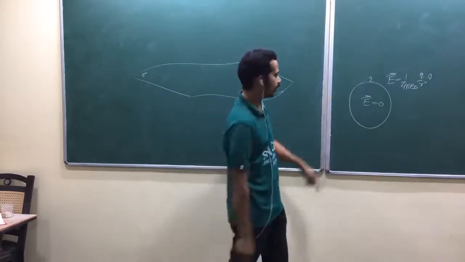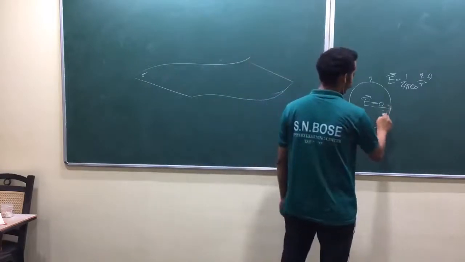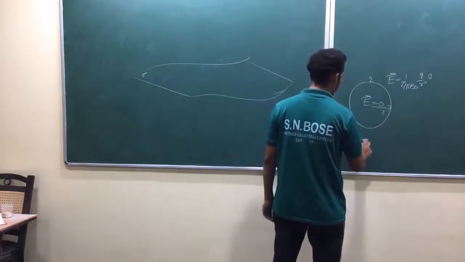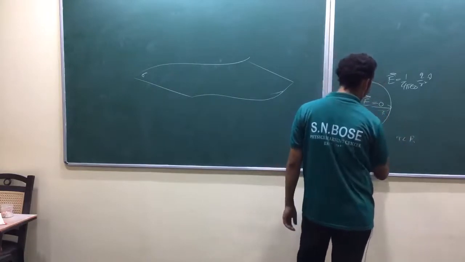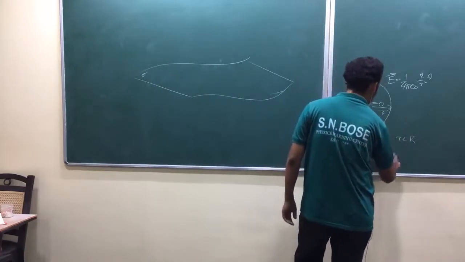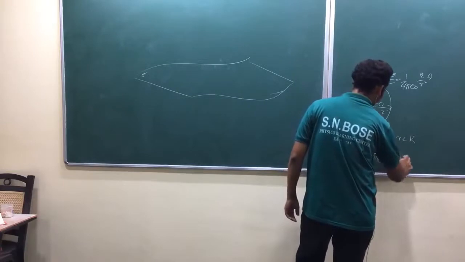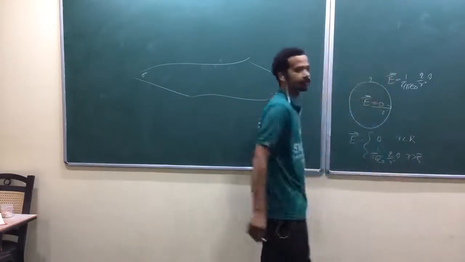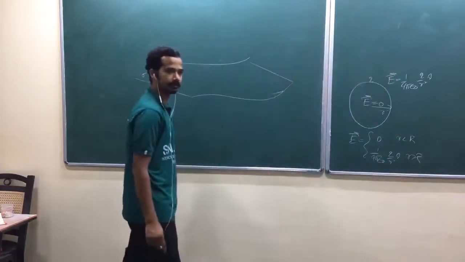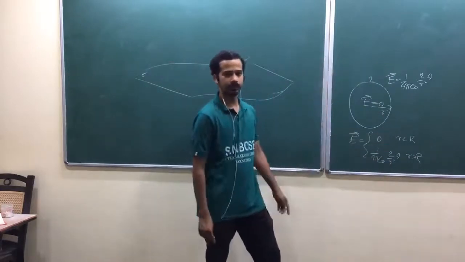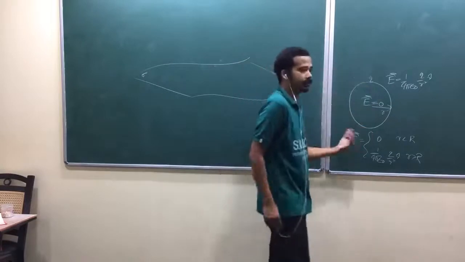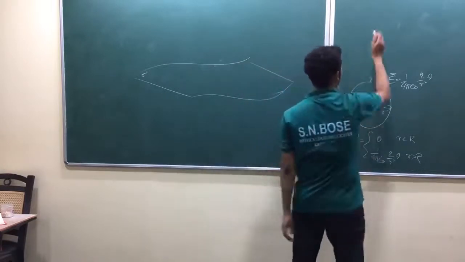It is 0 when r is less than capital R, and 1 by 4 pi epsilon naught q by r square r cap when r is greater than R. It's a kind of discontinuity, isn't it? When you put r equal to R, these two are not matching. So whenever there is a surface charge, electric field will suffer discontinuity.